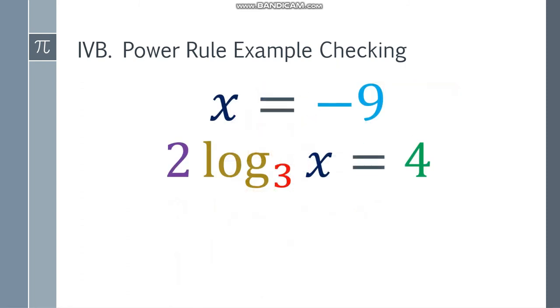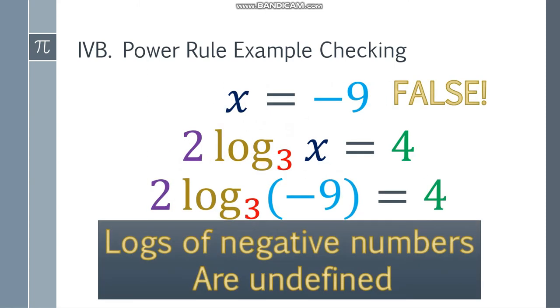Next one. How about x is equal to negative 9? Substitute negative 9. Oops. Logs of negative numbers are undefined. Even if there's a power rule here and you want to save the argument from being a negative number, no, not by a long shot. So this is already undefined, even if there's an even number coefficient here.